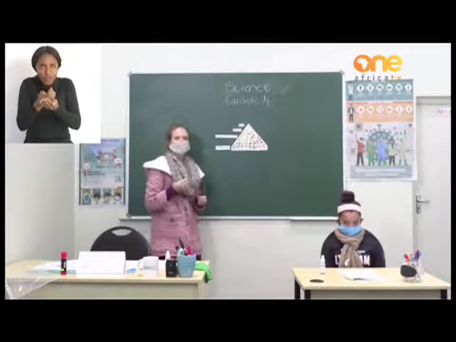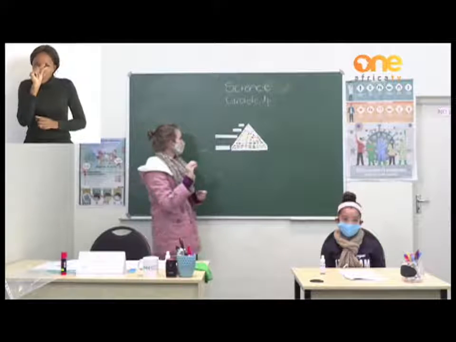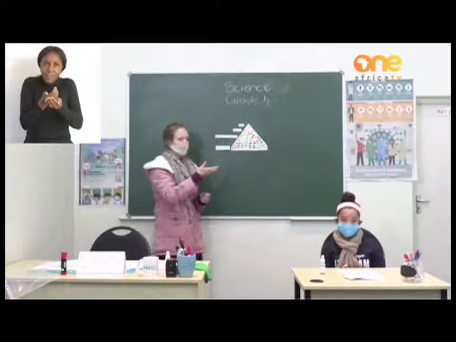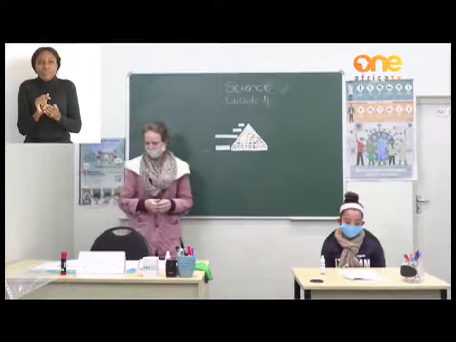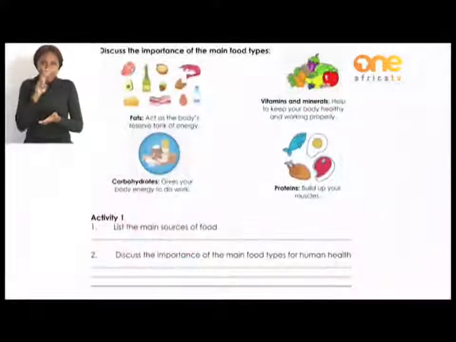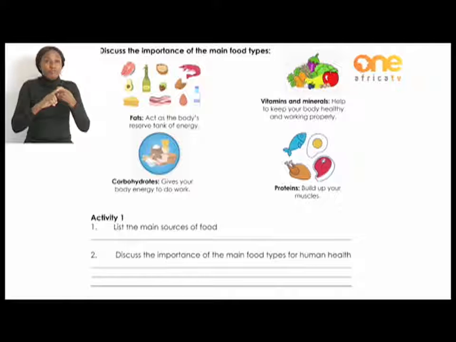So that means that our bodies need it, okay, but you need a little bit less of fats than you need of, for example, proteins and carbohydrates. So let's quickly take a look on page 12 again, and let us work through that. So carbohydrates, we're going to start with that one first. So they give our bodies energy to play and to do our schoolwork.